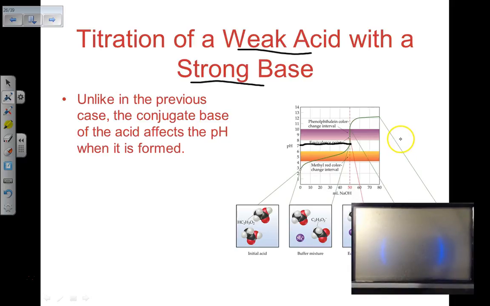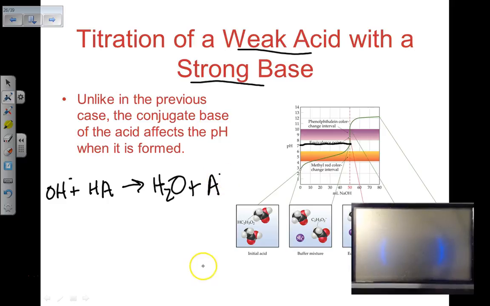That is important because of our process for determining the pH in a titration. Remember, the strong base plus the acid, in this case HA, is going to react in only one direction, to form H2O plus A minus.